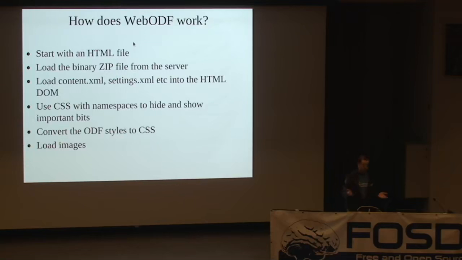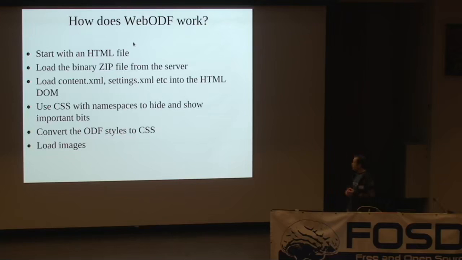Then you've got a lot of XML added to your document, and the HTML standard says if it doesn't recognize a tag, it will do nothing with it. So any normal text which is in there is just shown as plain text, and it doesn't look like an Office document, let alone a spreadsheet at all.